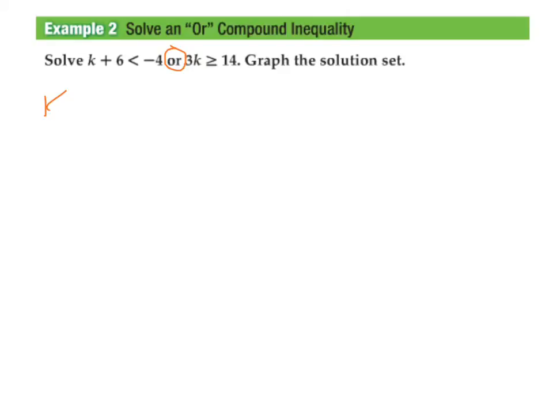So k plus 6 is less than -4. In this case, to get k by itself, we're adding 6, so we're going to do the opposite of that, which is subtract 6. It's one step. It's the only step that we need to worry about. Because this is addition and subtraction, we don't have to worry about changing our inequality sign. We can leave it as less than.